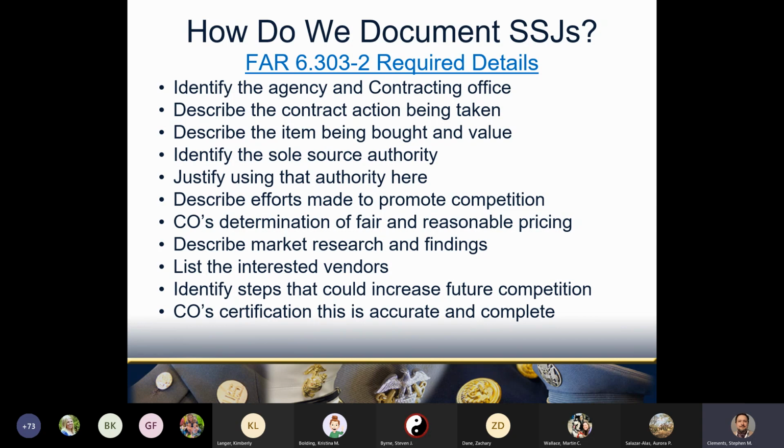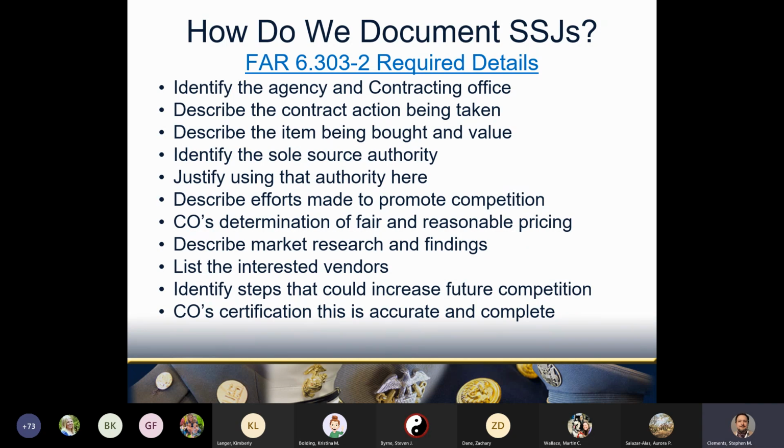And also, the forms are generally going to ask, what are steps that could be taken to increase competition in the future? And sometimes there are no steps that can be taken because of specific reasons. Sometimes there are reasons where this could be competed in the future.